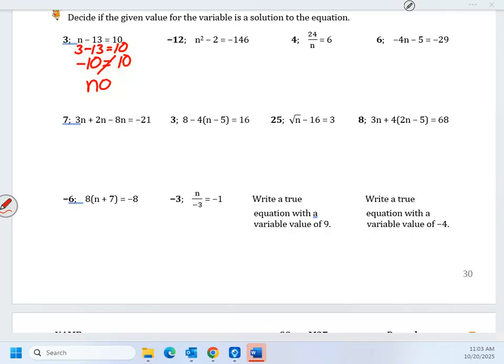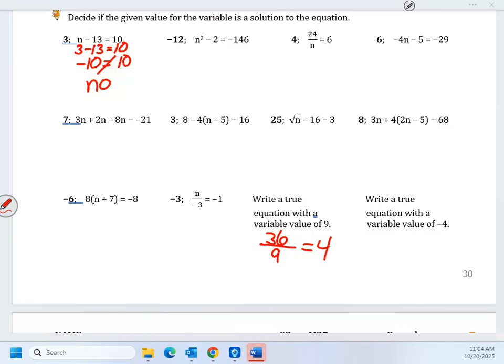Any other questions? On the bottom, we've got write a true equation with a variable value of 9. So you're going to write an equation using 9, and then you take the 9 out and you put a variable in for it. So what that would look like. Let's do 36 divided by 9 equals 4, right? 36 divided by 9 is 4.